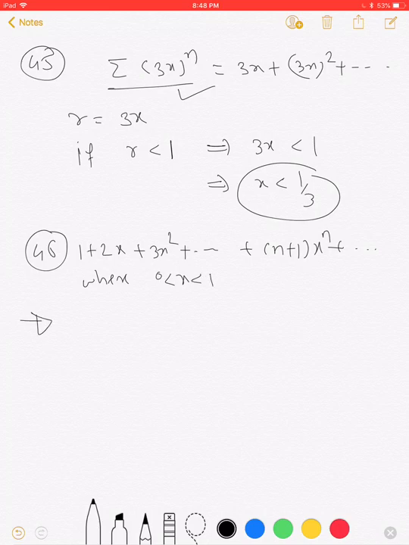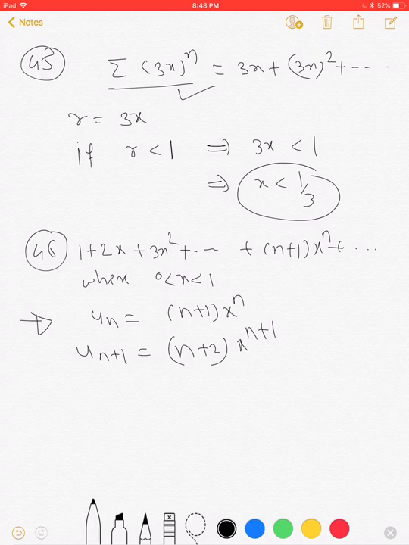In this problem we have to find whether this series is convergent or divergent for x between 0 and 1. Here the nth term is n plus 1 into x raised to the n. So the n plus 1th term becomes n plus 2 into x raised to the n plus 1. So just find the limit L equal to limit n tending to infinity un upon un plus 1.